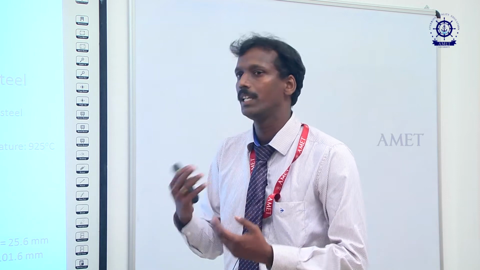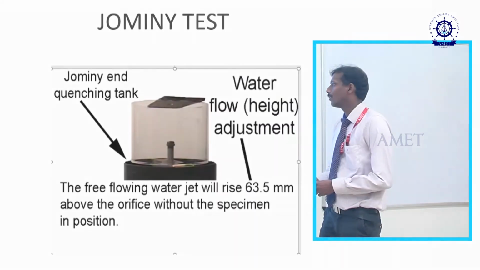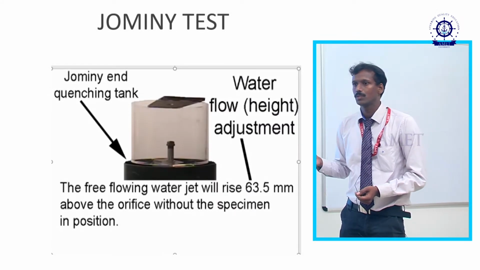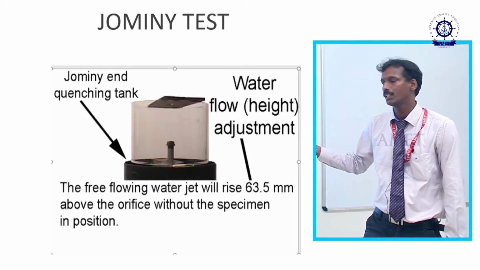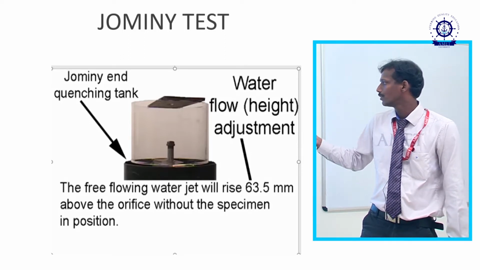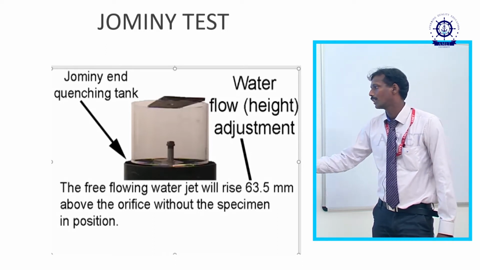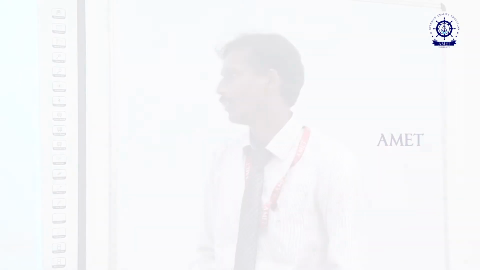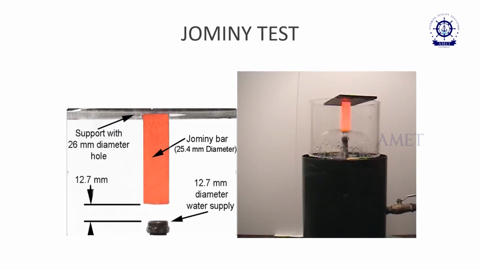We have to heat it to about 925 degrees Celsius initially. In the Jominy end quench setup, the jet height is given as 63.5 mm, with a maximum adjustment of 63.5 mm for the jet velocity, and the flow comes from the orifice at the base upward. We maintain a gap of 12.7 mm between the specimen and the jet, as per the ASTM dimensions.